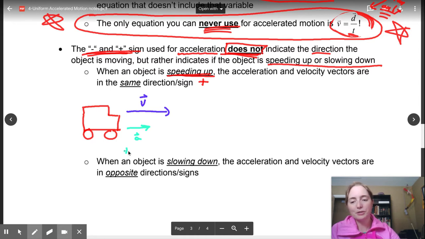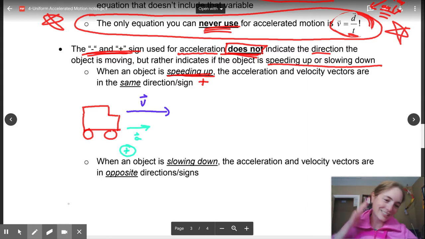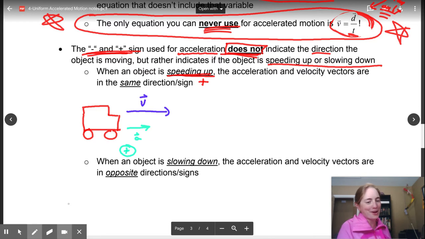Because you are speeding up and you're going faster, you are going to have positive acceleration. Notice that these two direction vectors here, you're going east, you step on the gas, and you go faster east. You're accelerating east. You are speeding up.